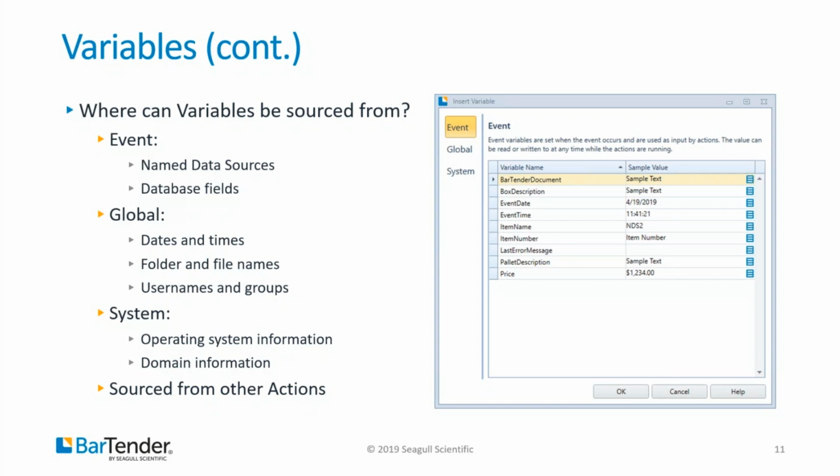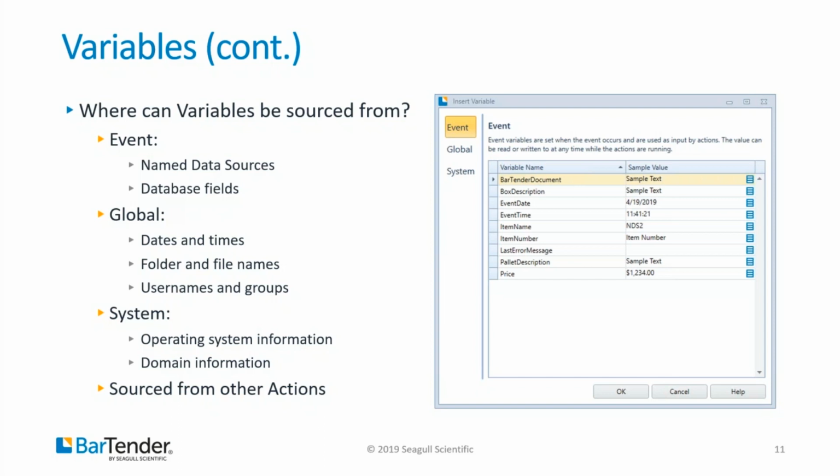And based on which category you select on the right, under variable name, those are the ones that you have available to you. So you'll double click any one of those variables and it'll automatically insert it for you. You could manually type them in, and you do have to in some cases. You could manually type them in if it's available via this dialog, though I usually just insert them to avoid typos.